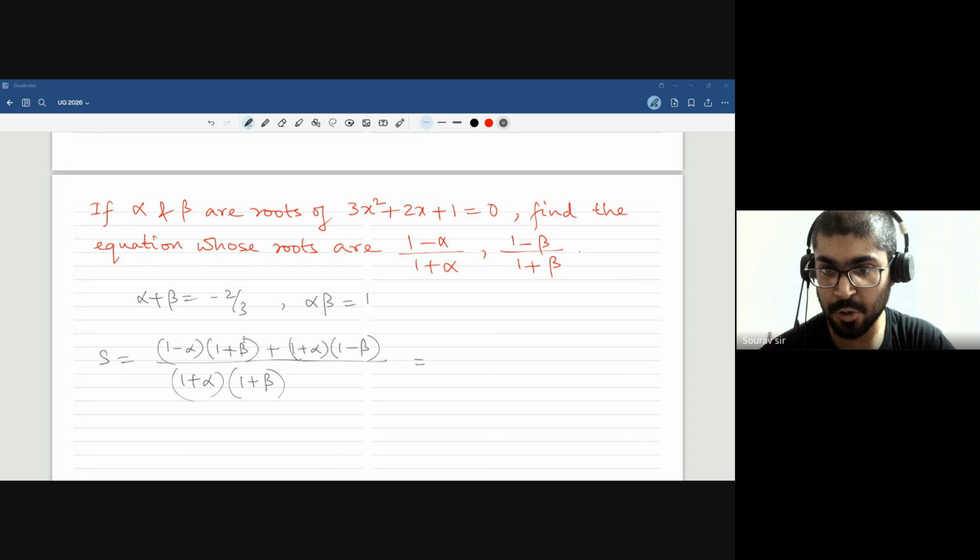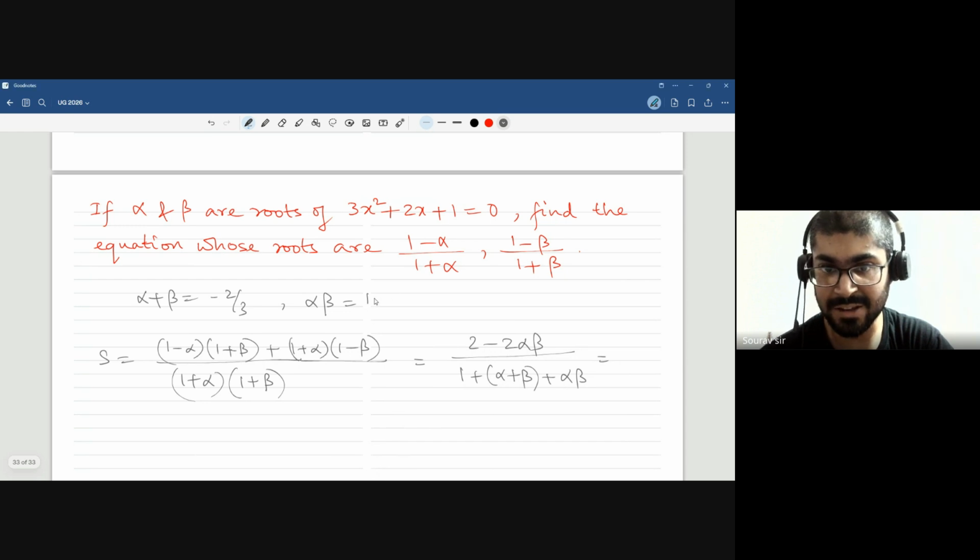So when you do this, what will you get? You will get 2 minus 2 alpha beta, divided by 1 plus alpha plus beta plus alpha beta, right? Put the values. Okay, wait. Alpha beta is not 1.